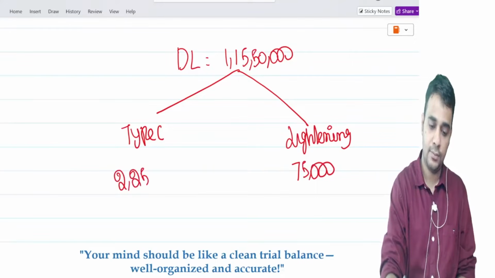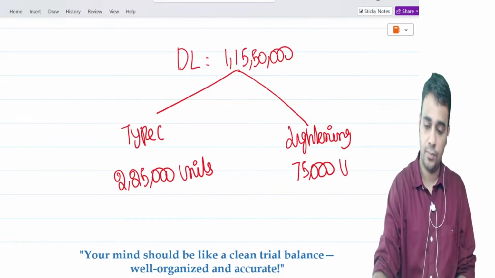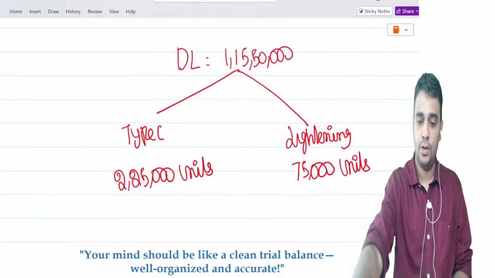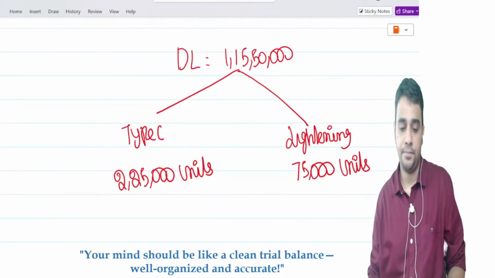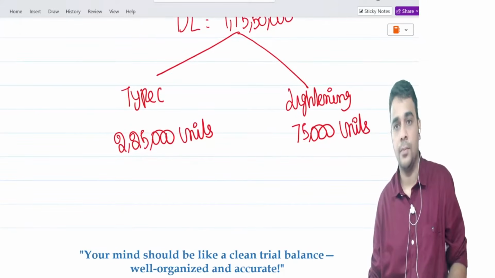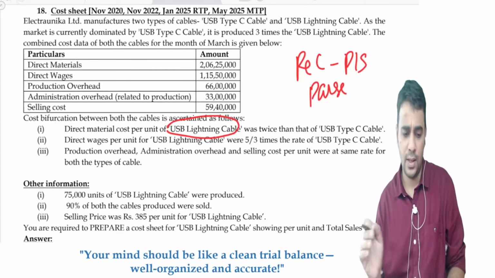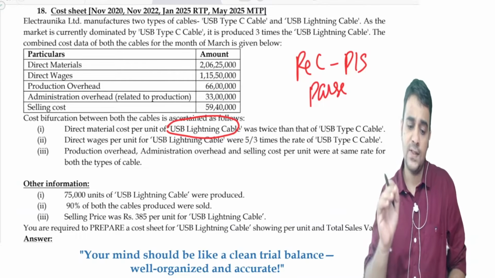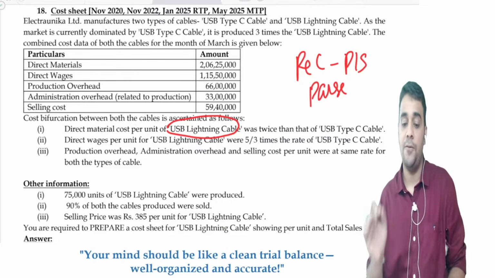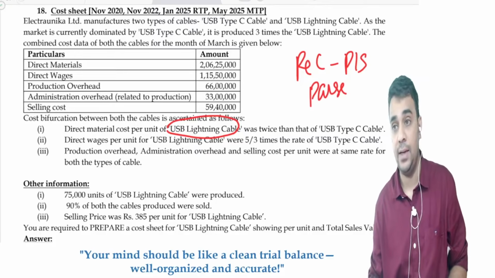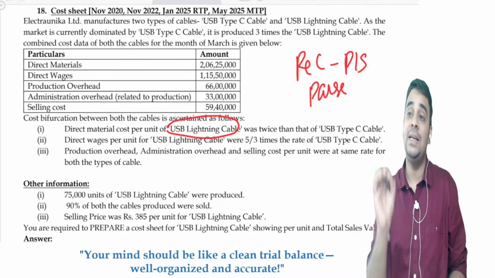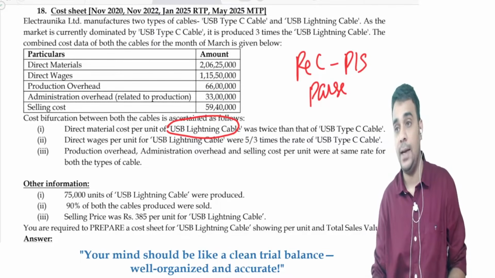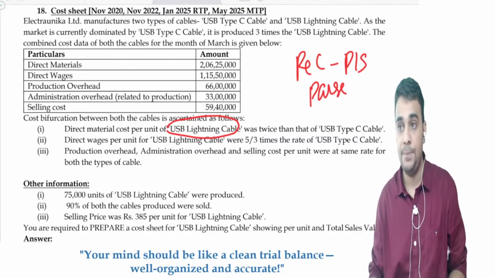Lightning, 2 lakh 25,000 units. Okay. Here what they've said is that the USB lightning cable is 5 by 3 times the USB type C cable. They've given a random number, 5 by 3 times of the USB type C cable.